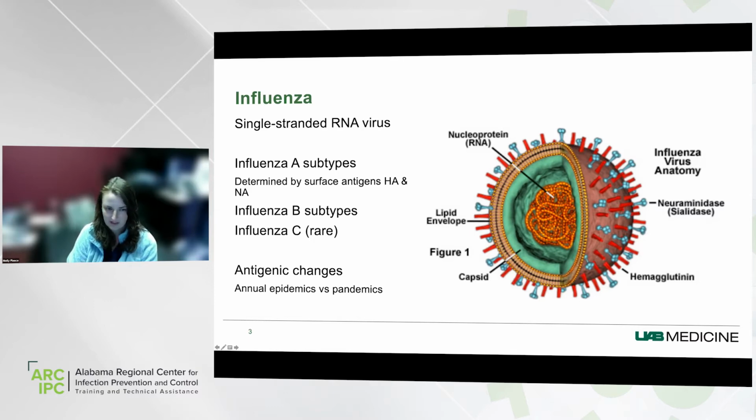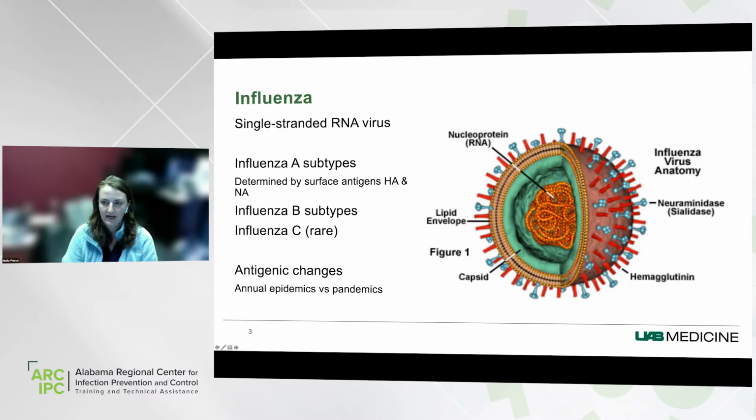And that becomes important as we think about the different circulating strains and the different strains that get tossed around in the media, particularly about epidemics and pandemics of the past, which I'll mention briefly in a moment. Influenza B, we typically think about as not as common and maybe not as severe of a subtype, although in children and people with underlying decreased immune systems can certainly cause a severe illness.